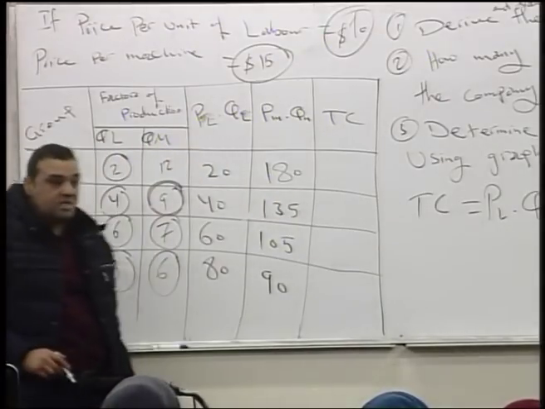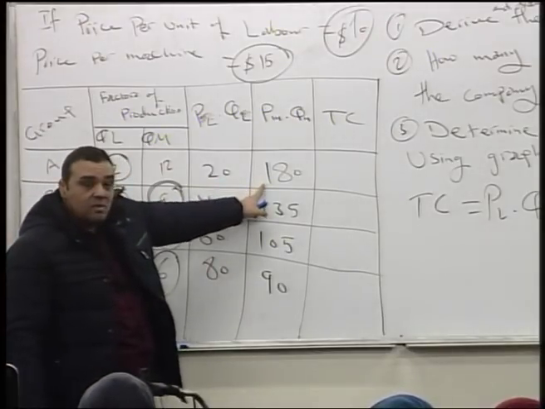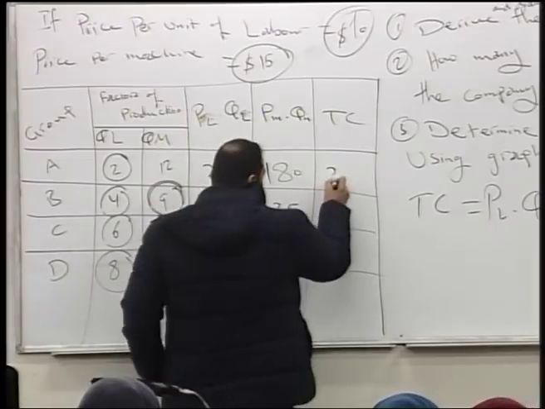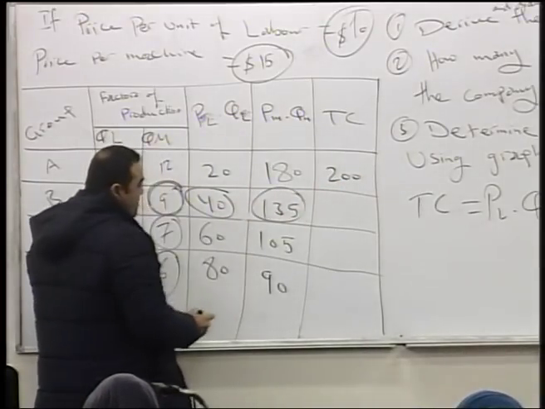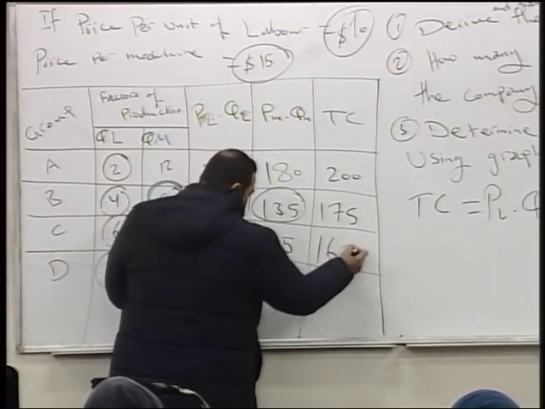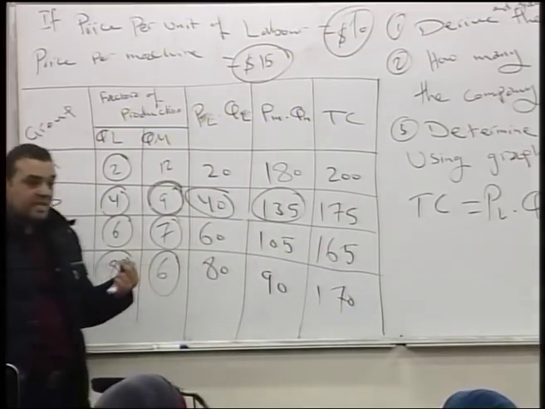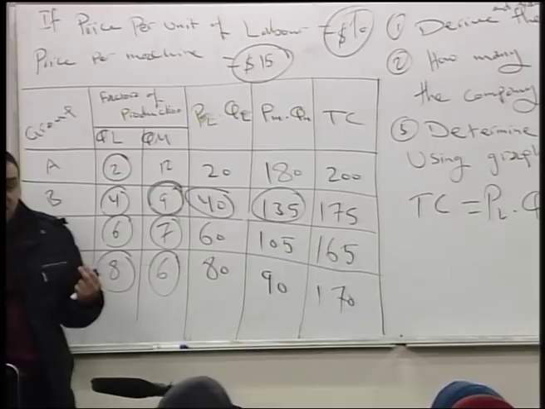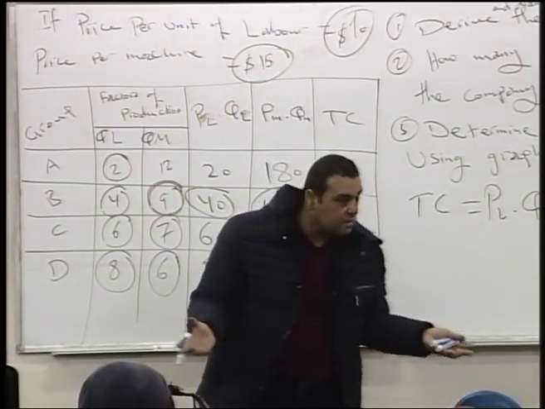The total cost for the first group is 20 plus 180, 200. 40 plus 135, 175. 165. 170.